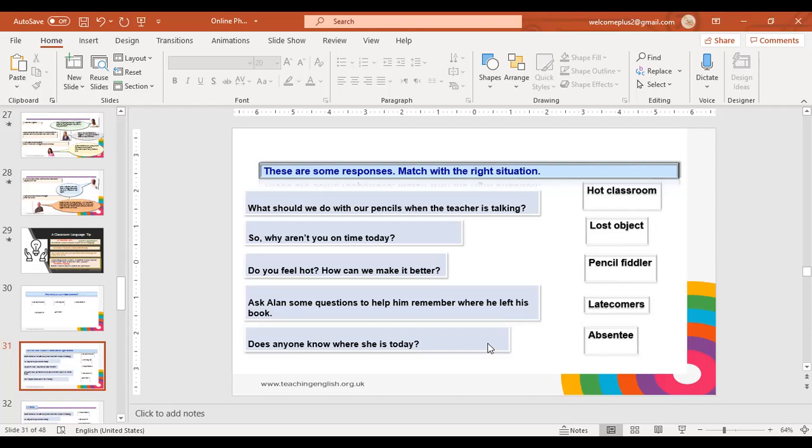It's matching. The answer is, does anyone know where she is today?